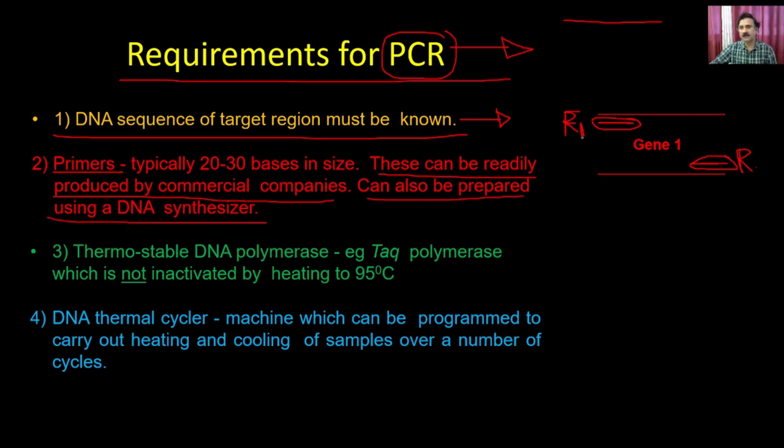So once you know the sequence, you can ask companies to synthesize the primer, or you can synthesize it using a DNA synthesizer. That is the primer you require, and then you require the DNA polymerase. The DNA polymerase that Arthur Kornberg isolated from bacteria is thermolabile.